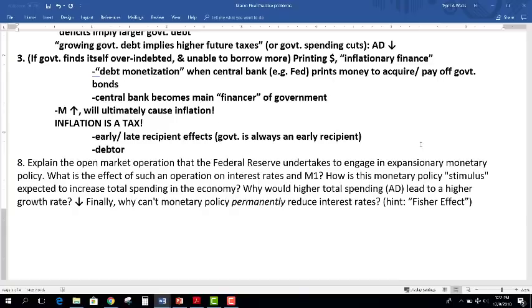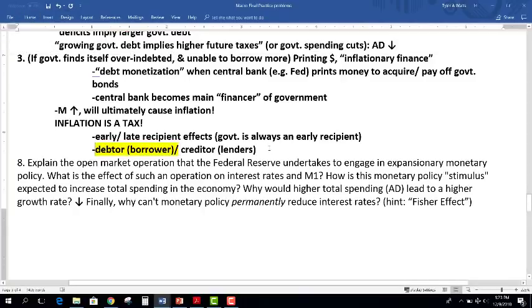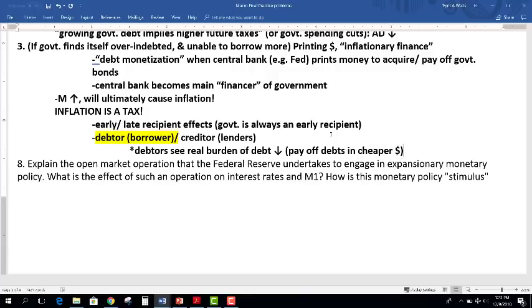Right, and then we also, of course, have debtor-creditor effects. And if you're not familiar with the terminology here, well, you should be, but debtors are borrowers, right? Creditors are lenders. Which is the government? Is it a debtor or creditor? The government is a debtor, big time, right? The U.S. government is the largest debtor entity ever. So debtors see the real burden of the debt go down, and they therefore benefit from inflation because they pay off debts or refinance them in cheaper money.